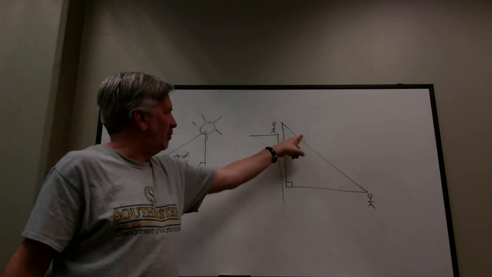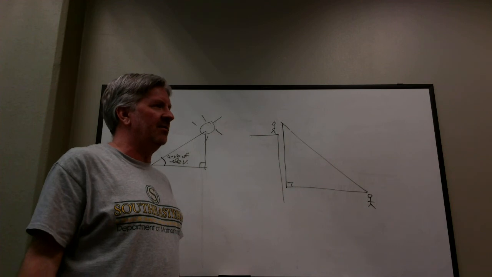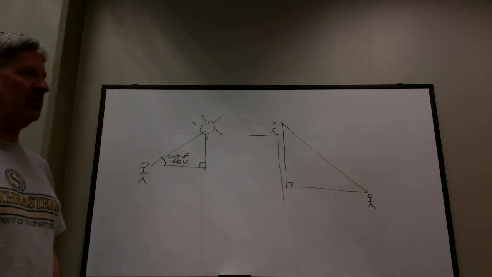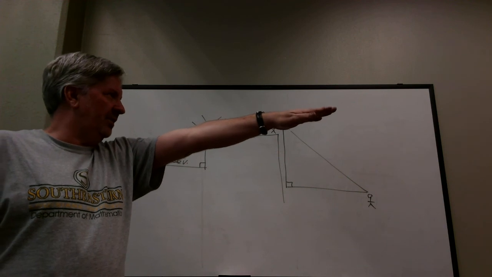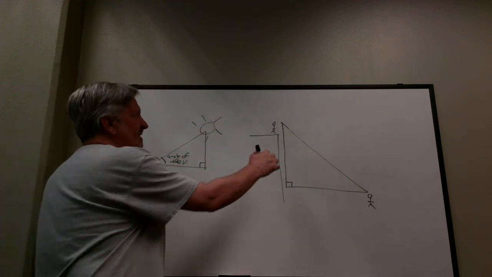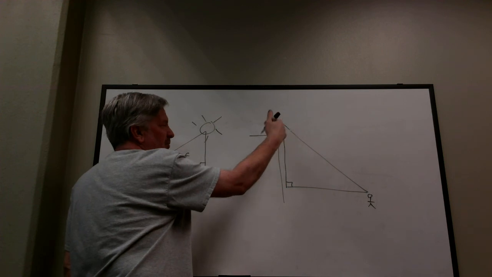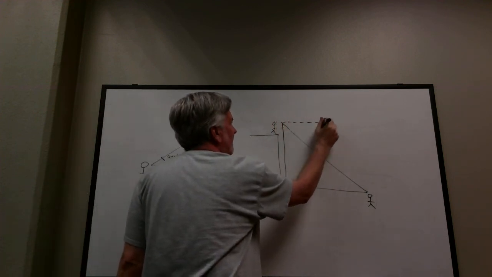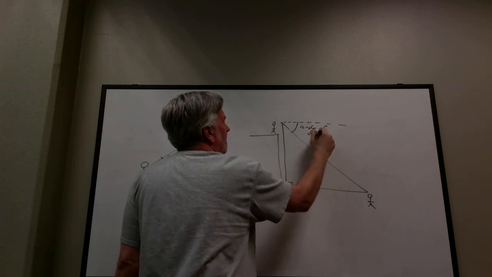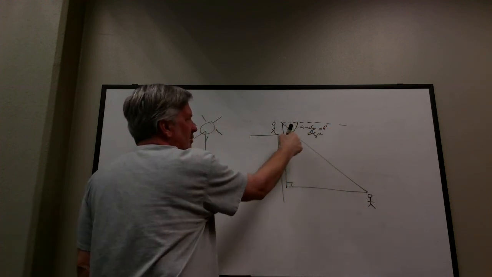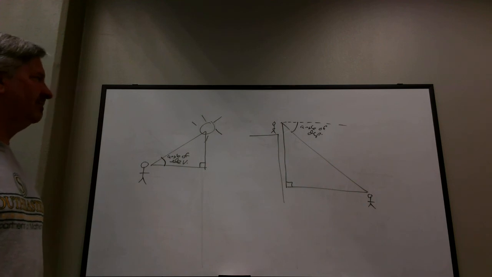This is from a vertical over, right? That's not the same thing. So for the guy on the cliff, my angle of depression is from here down. Notice that is not right here. So if you really want to put it in, you have to add this horizontal in. There's his angle of depression. Okay, so be careful. Don't let the picture mislead you into putting the angle in the wrong place.